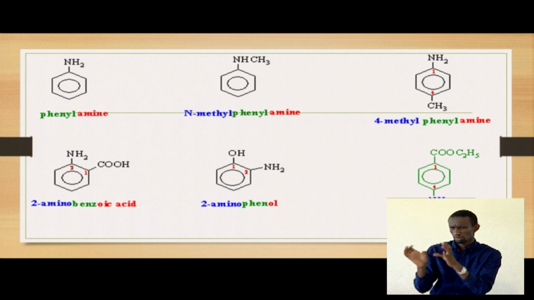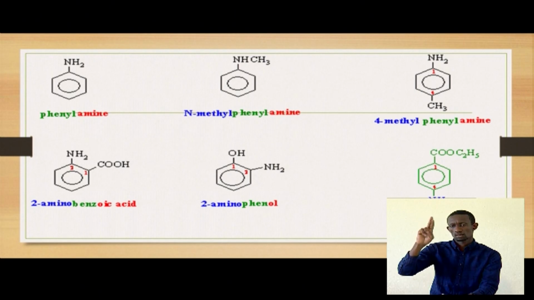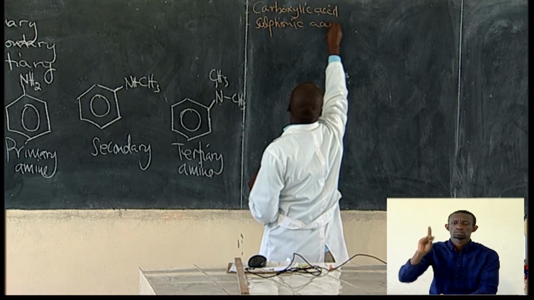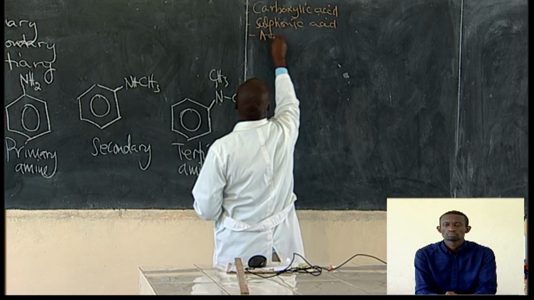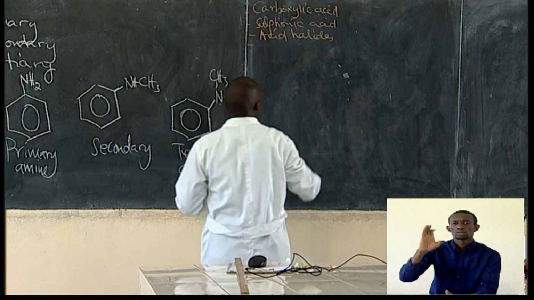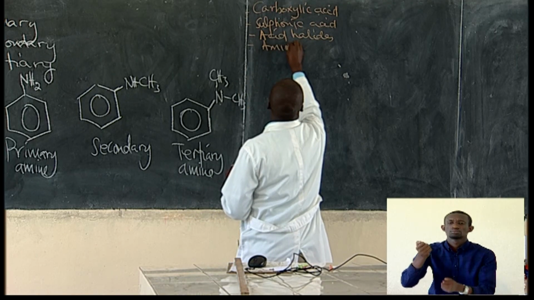We have the carboxylic acids. We have sulfonic acid. We have the acid halides. From the acid halides, you may have the amides.